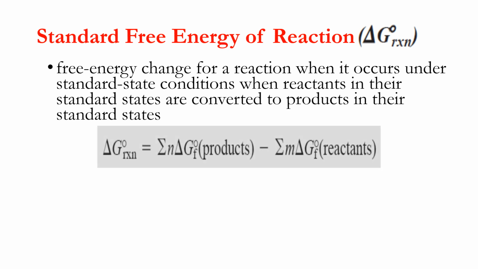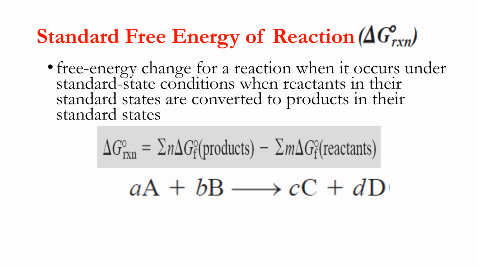In equation, we have the standard free energy of reaction equals the difference between the free energy of formation of the products and the free energy of the reactants multiplied by their stoichiometric coefficients.